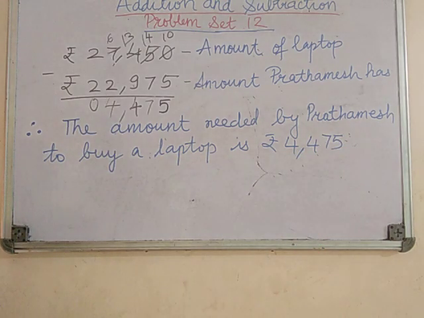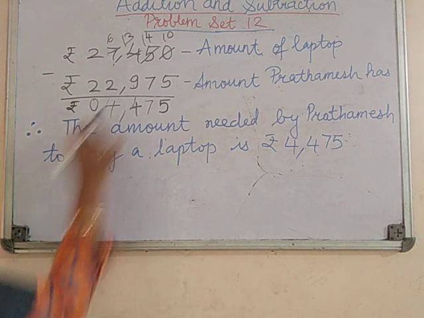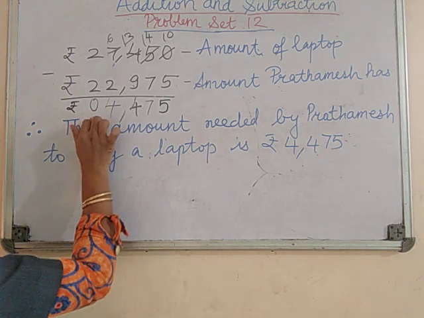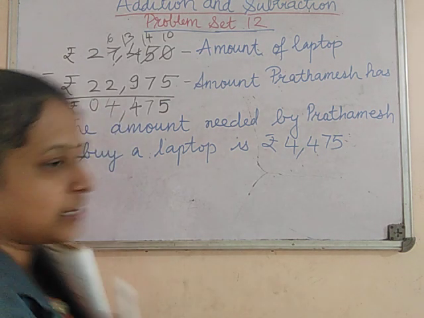So here also you can write rupees 4,475. Now here 0 is also there, but 0, if it is placed in front of the number as the first digit, then it does not have any value.